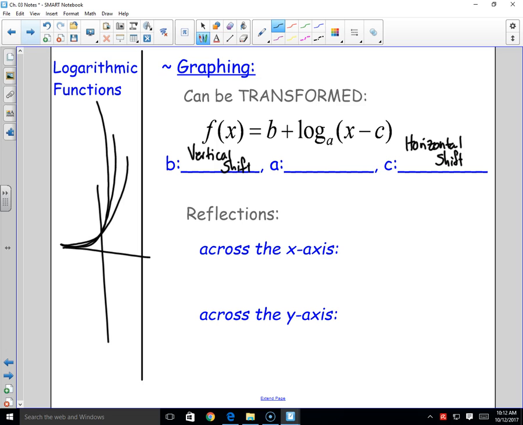If it's getting steeper, what's going to happen with the inverse of each of those? Make it flatter. Exactly. So, what should we say about the base? As the base increases, the curve shrinks, vertically flattens, however you want to talk about it.